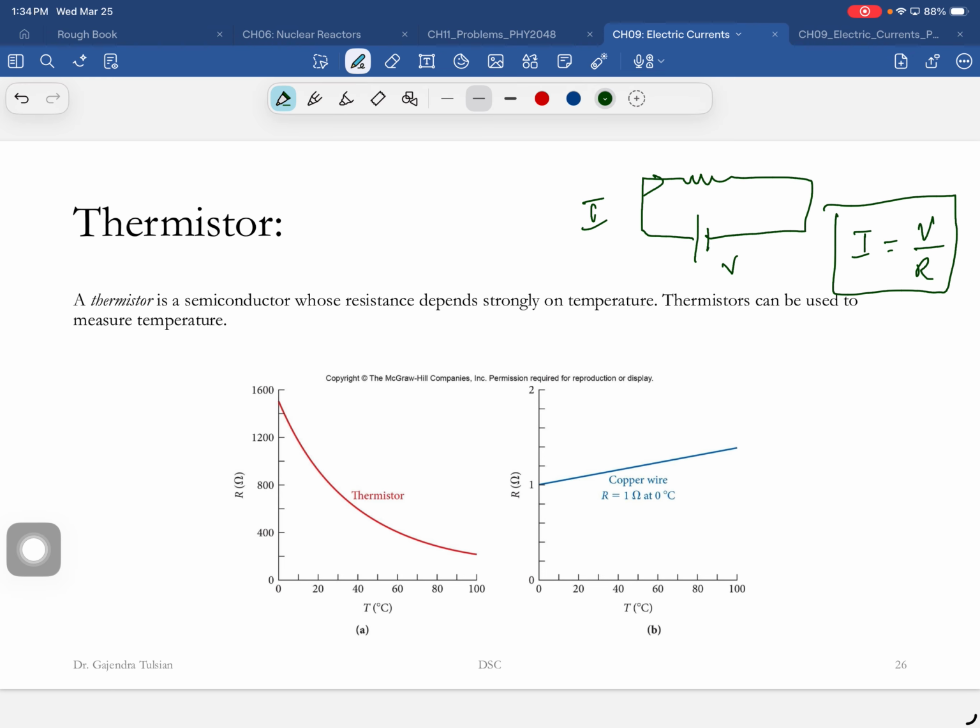Look at this guy. This is the resistance of a copper wire as temperature changes. The resistance is not changing much at all. See, it's going from 1 ohm to 1.2 ohms. This resistance is not a good proxy for temperature. Here's a device, here's a material whose resistance is changing by 1,000 ohms over this temperature range.